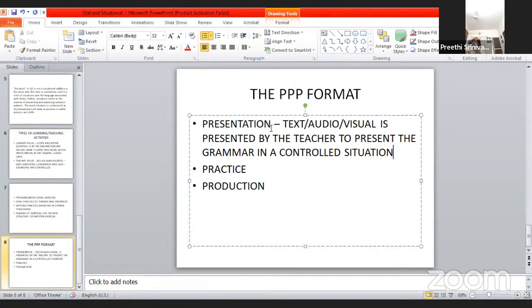There's apples, and then write on the board apple, and then add an S and say apples. Banana, add one more banana to the visual and say bananas. Add an S. So these are ways of presenting. Then practice. A controlled practice phase follows.